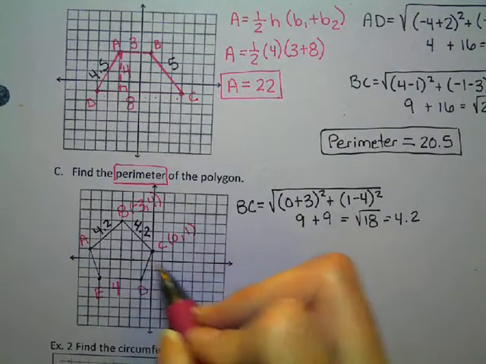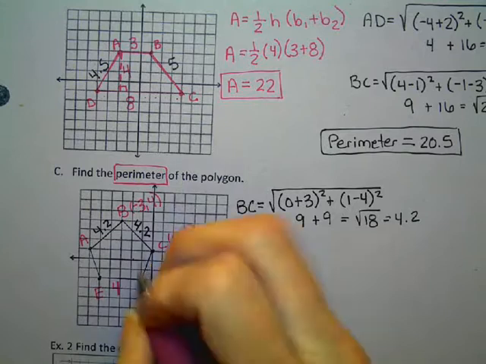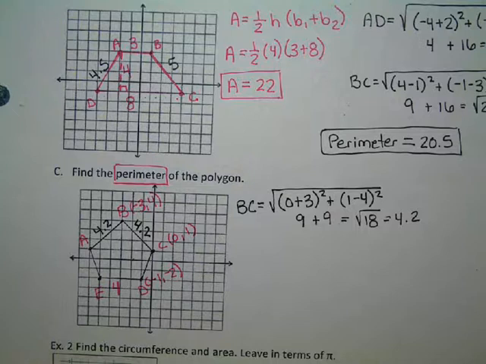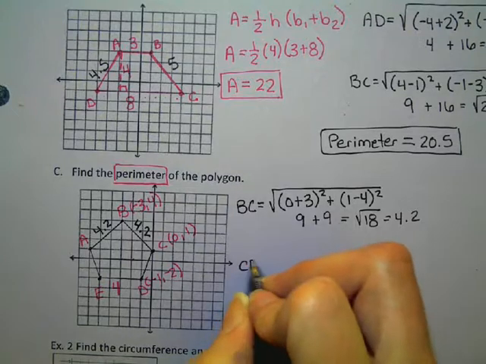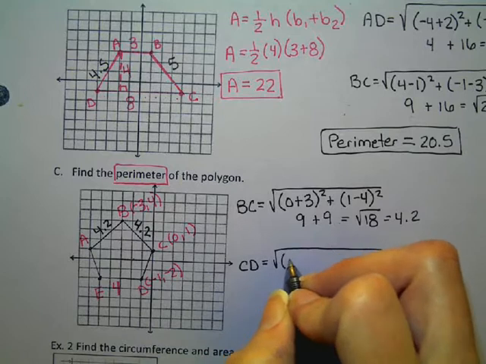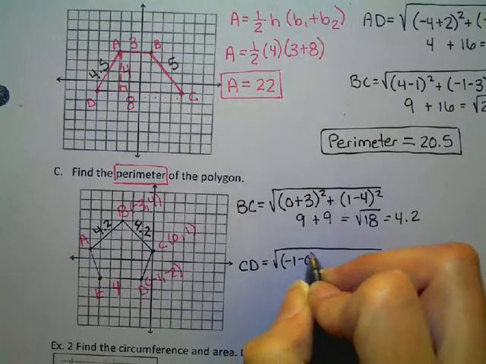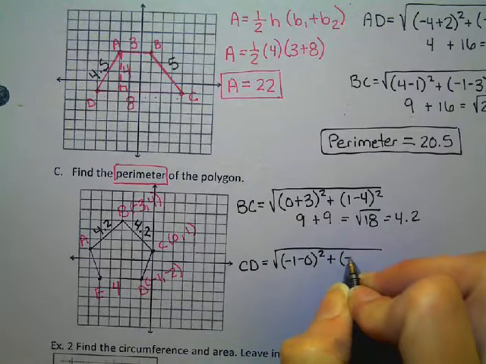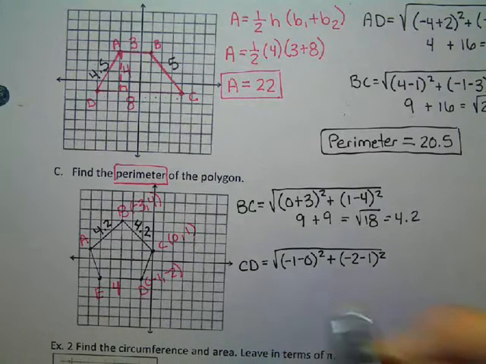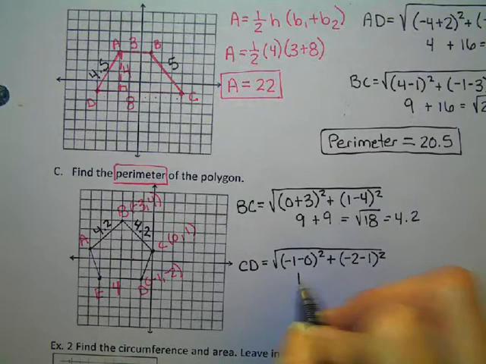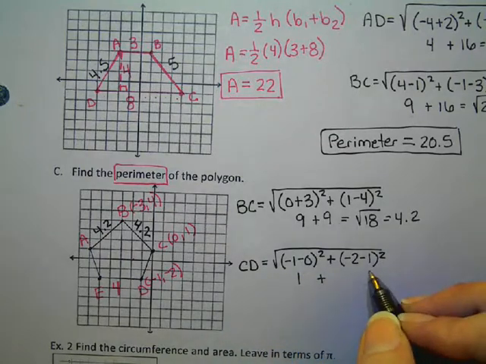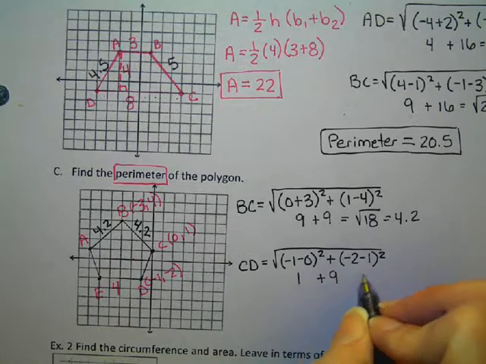So let's find the ordered pair for D. Let's go -1, -2. So now I'm going to find the length for CD. -1 minus 0 squared plus -2 minus 1 squared. -1 minus 0 is -1, and square that becomes +1. -2 minus 1 is -3.